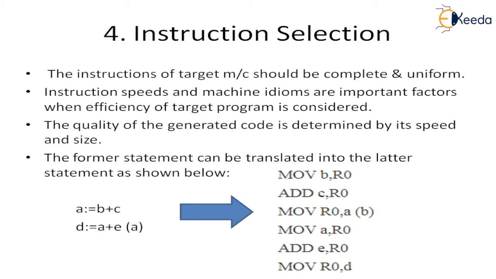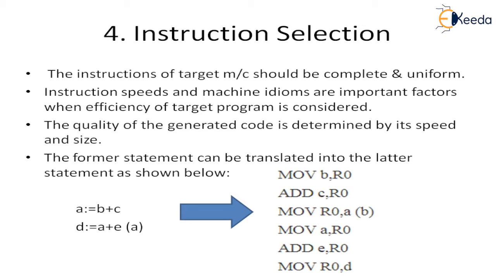After that, instruction selection. How are the instructions selected for converting that code or for the code generation? The instruction set of the target machine should be complete and uniform. Instruction speed and machine idioms are important factors when the efficiency of a target machine is considered.